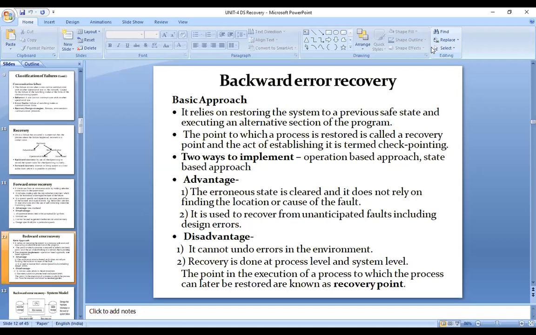Meaning thereby, if there are certain processes working cooperatively, and one of the processes fails, then whenever we do system recovery, all the active user processes are required to be restored to their respective recovery points, and the data being modified by these processes is also restored.